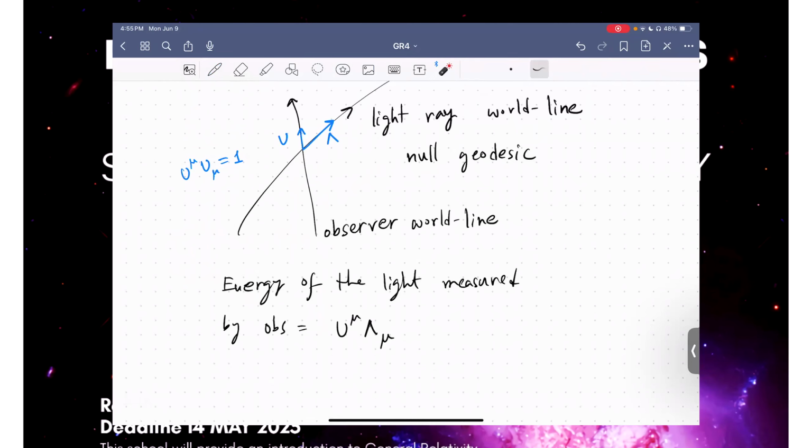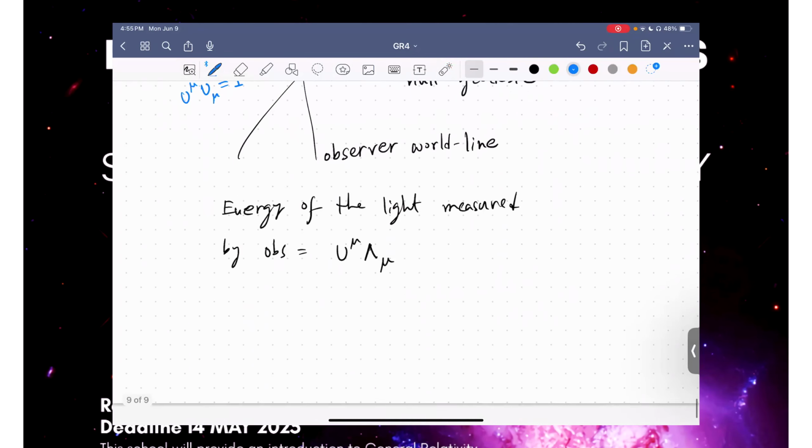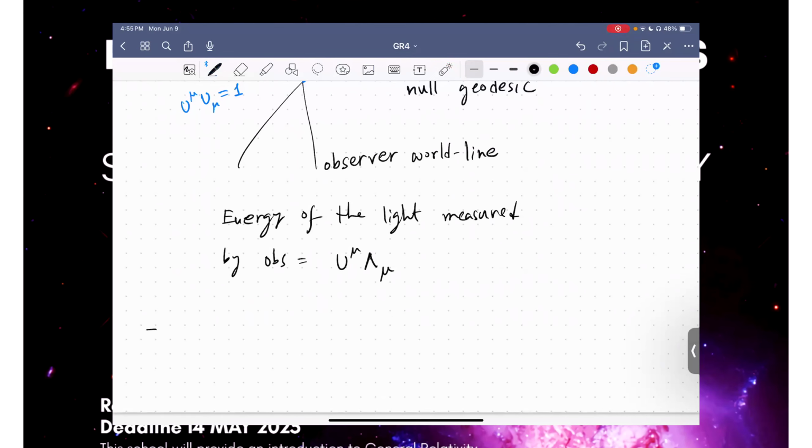So in the rest frame of u, if u is normalized, and if your metric starts with something like dt squared plus dot dot dot, then this u is going to look like (1, 0, 0, 0). And your energy-momentum four-vector is going to look like the energy E, and then momentum p1, p2, p3.